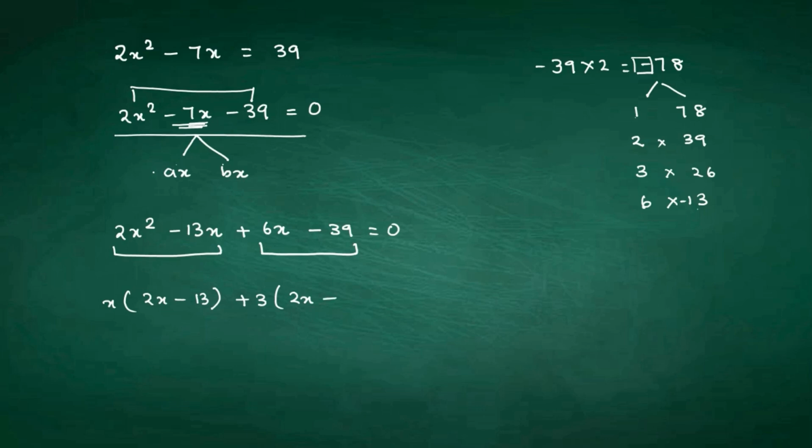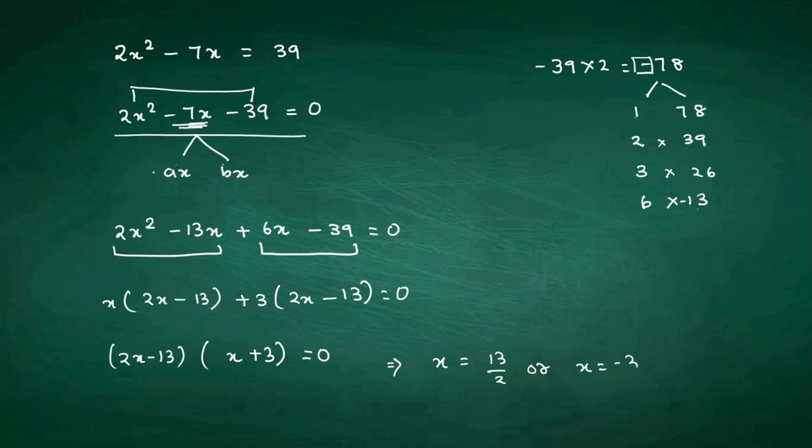You will be left with 2x minus 13 equals 0. Now you can take 2x minus 13 common from both. So you will be left with x plus 3 equals 0. So the roots over here will be x equals 13 over 2 or x equals minus 3.